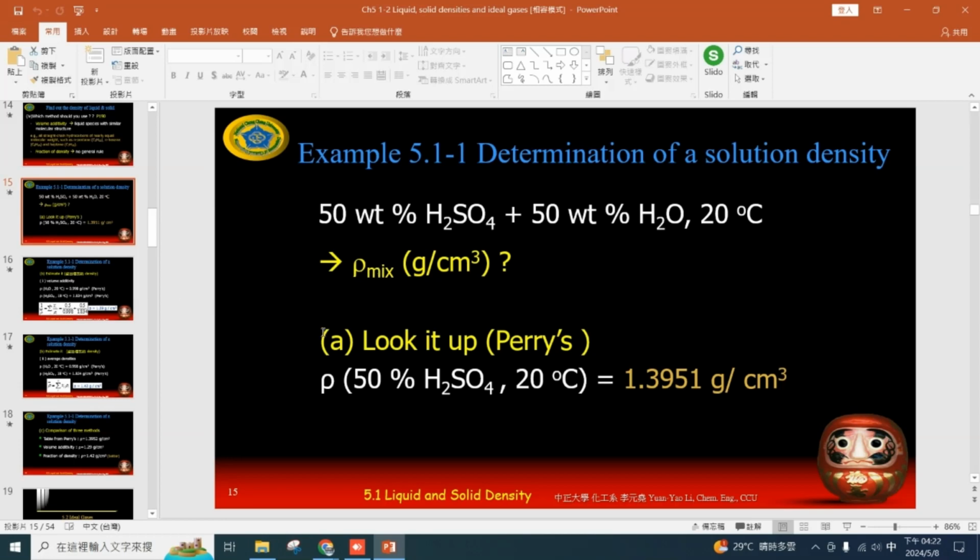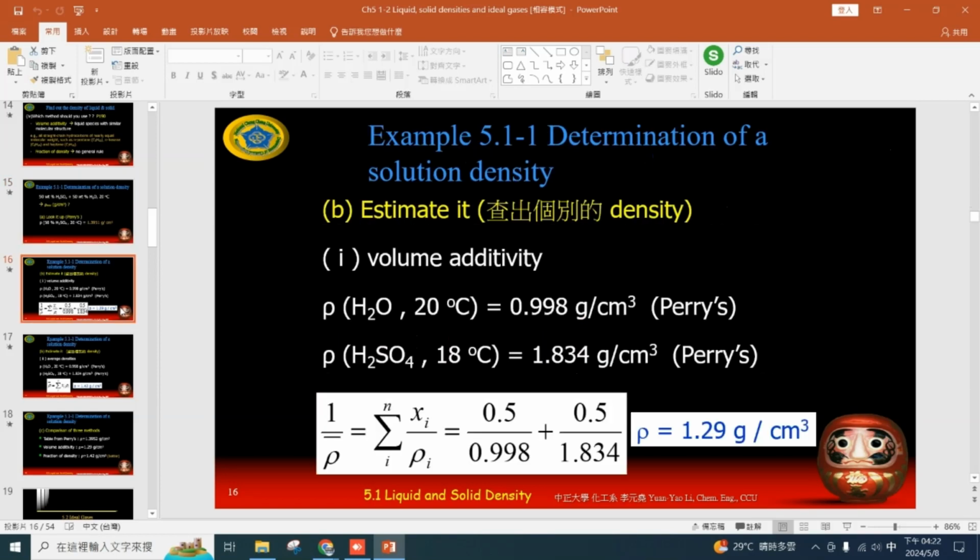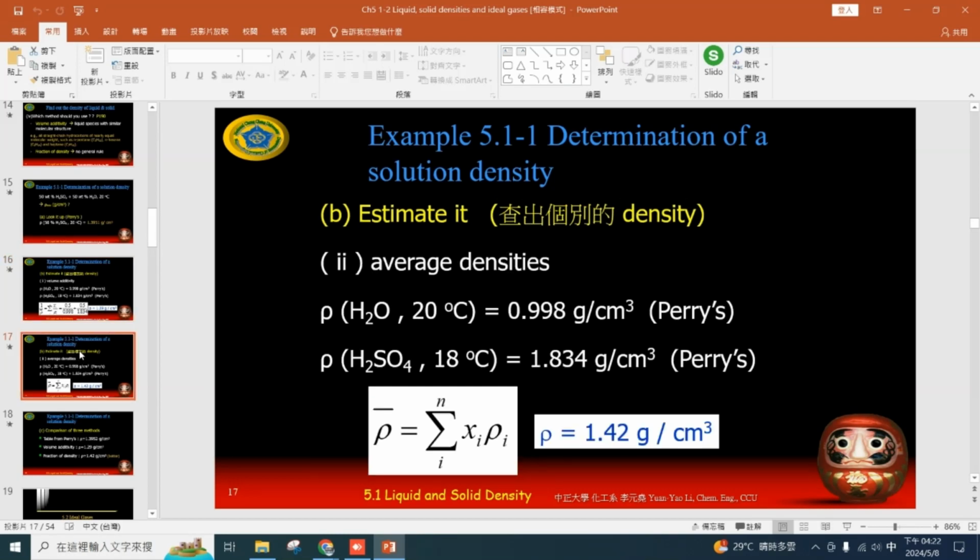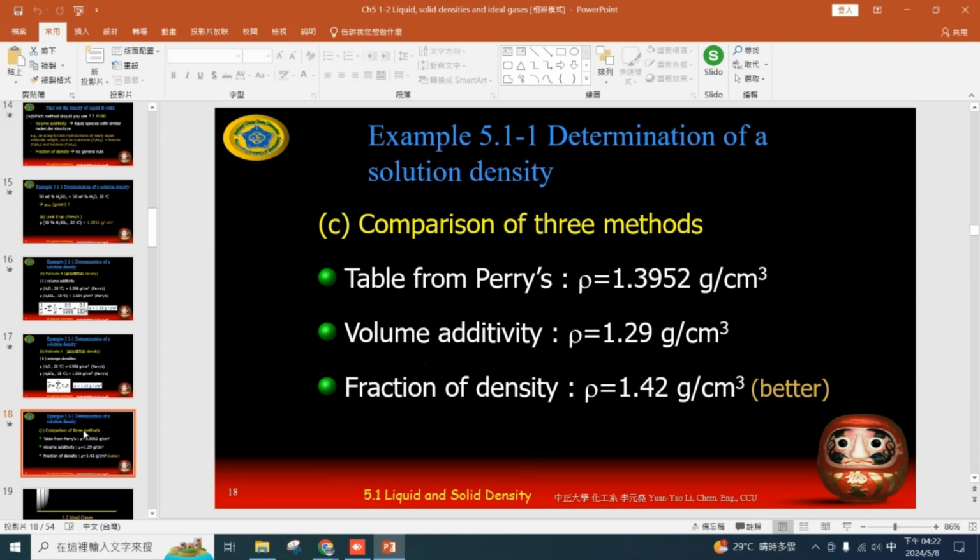So first of all, you check out the Perry's Chemical Engineering Handbook. You get this answer, which is very close to the right answer, right? And then you use two different methods to estimate it. You use volume additivity, okay? And you use the average density. Average density means the fraction of the density. So these are the three answers you get from different methods.